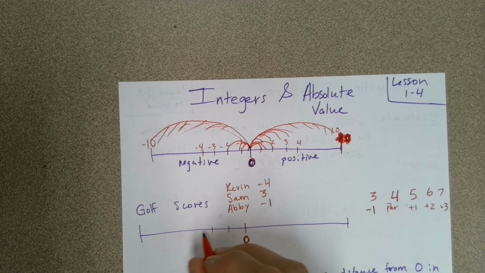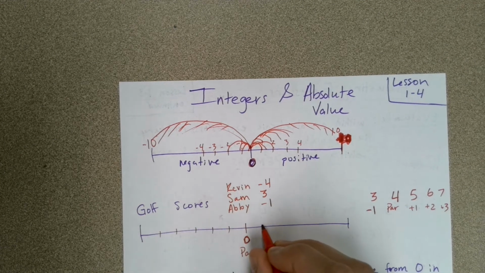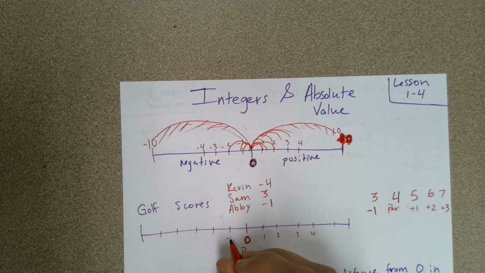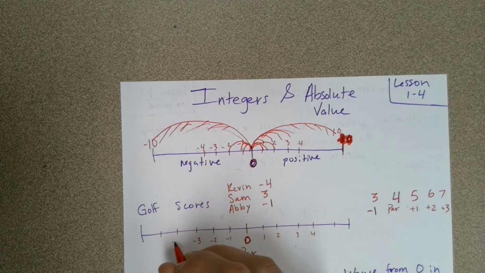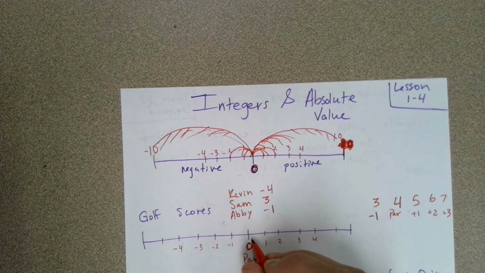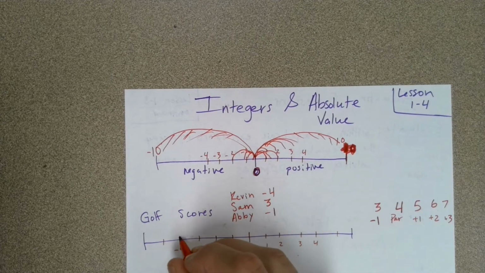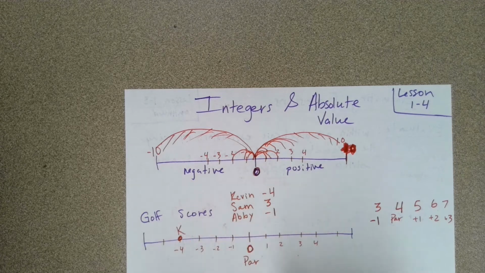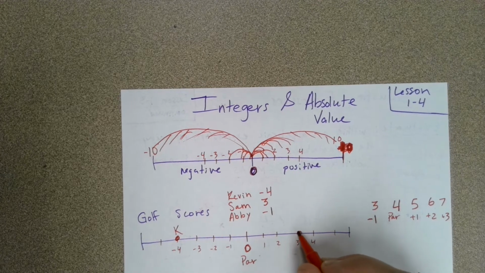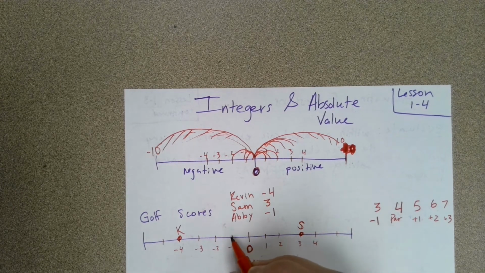I'm going to jot down my little points here. Try to make them about the same distance away. We got 1, 2, 3, 4, -1, -2, -3, -4. So Kevin on this chart is at -4. Here's 0. Compared to 0, he is 4 steps back. This is Kevin. I'll start him with a K. Sam got a 3. 1, 2, 3. Here's Sam with a 3. And finally, Abby with a -1 right here.